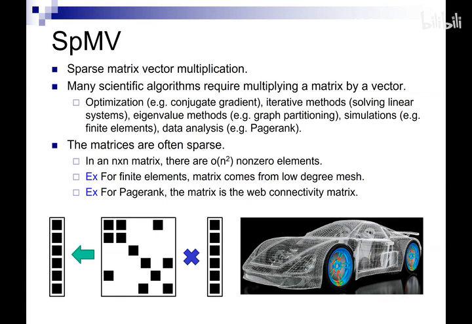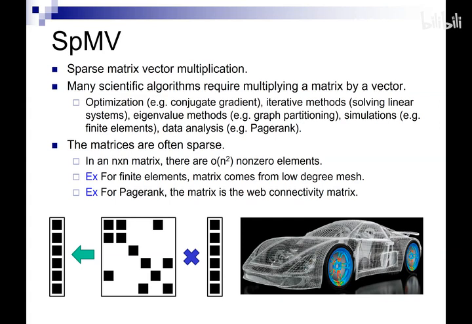On the other hand, you have billions and billions of web pages. So your matrix dimensions are going to be billions by billions, but each row is only going to have maybe a few tens or a few thousand non-zero values. So again, that's a very sparse matrix. And there are many other examples where sparse matrices come up.